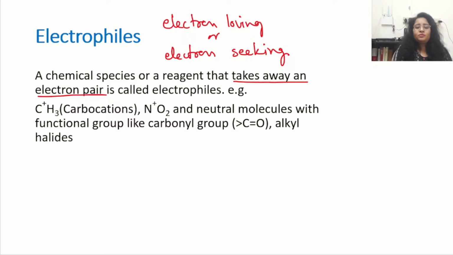Neutral molecules with a functional group like the carbonyl group and alkyl halides also behave as electrophiles. In the carbonyl group, C double bond O is there. Oxygen has high electronegativity compared to carbon, so there will be a partial shifting of electrons toward oxygen and the whole compound will become polarized, and the carbon behaves as if it has a plus charge.